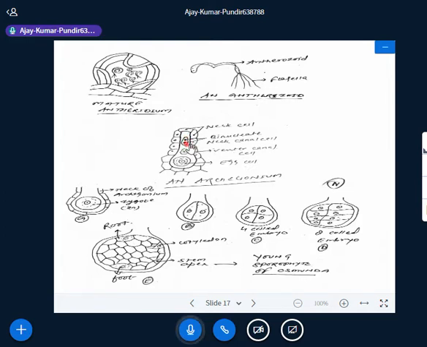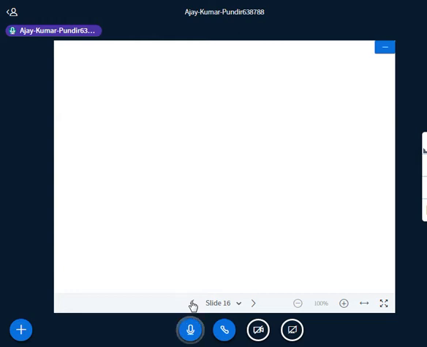So the fertilization is chemotactic. Due to the aromatic smell of the malic acid and fumaric acid, many antherozoids are attracted towards the archegonium, and only one enters into the archegonium and fuses with the egg cell and produces a diploid zygote. This is the fertilization event.